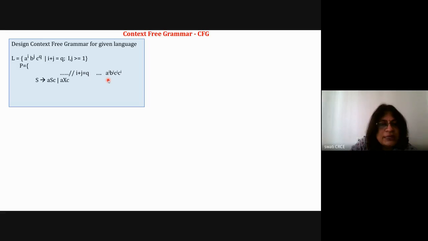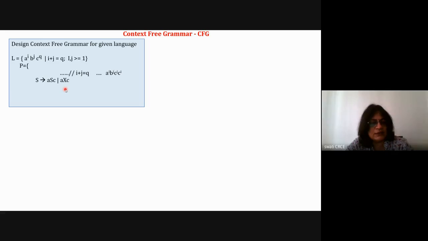Okay, so what I'll say is that S goes to A S C. If it is A S C, then a for any number of times and c for any number of times will be generated, and the recursion is happening. Whenever you want to stop the recursion for a and c, apply the rule a X c, or only X. Only X is the more relevant option.